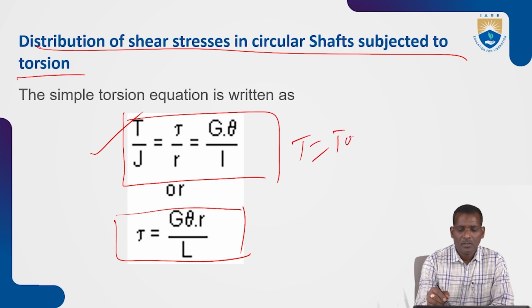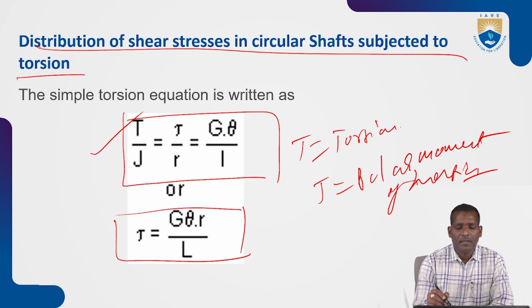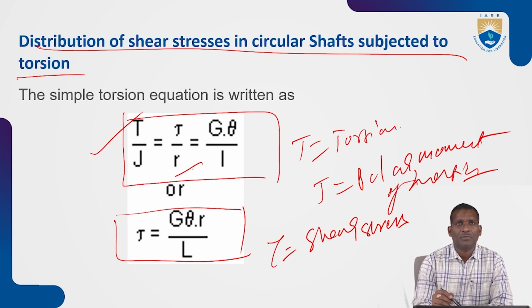T is the torsion and J is the polar moment of inertia, tau is the shear stress, and R is the radius of the circular shaft.